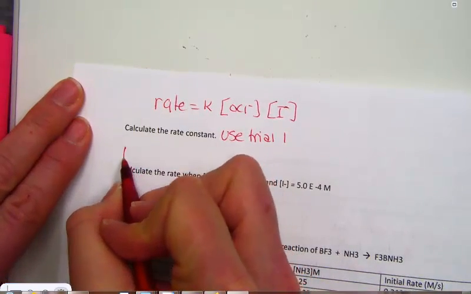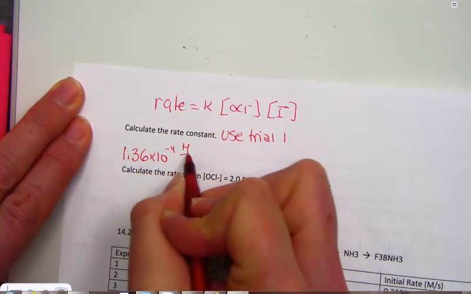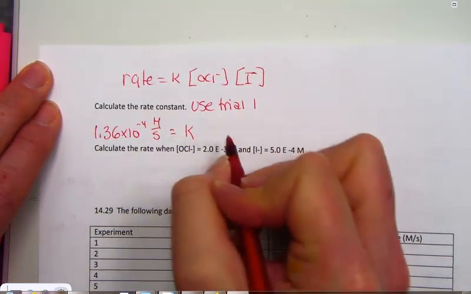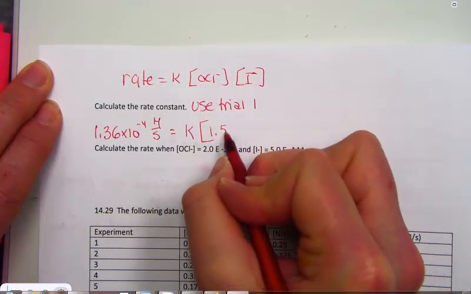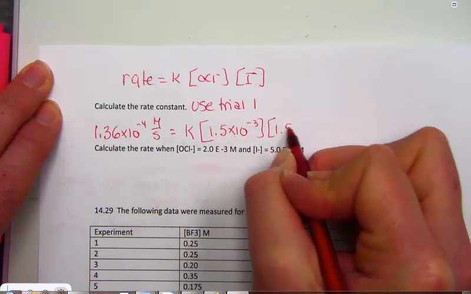So the rate from line 1, 1.36 times 10 to the negative 4th molarity per second is equal to K, which is what I'm solving for. Concentration of both reactants was identical, 1.5 times 10 to the negative 3rd power for both reactants.